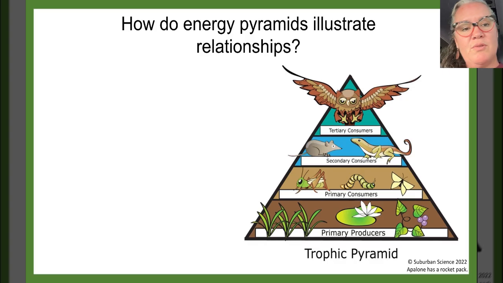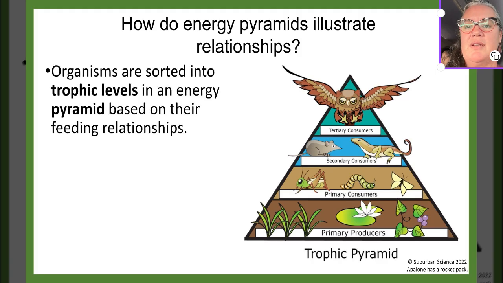And as we begin to move up in consumers, much like when we talked about the wolf, or you read about the wolf example in Yellowstone, you have to have a lot of plants to support the ecosystem and support organisms within that ecosystem, and the fewest numbers are going to be at the very top.